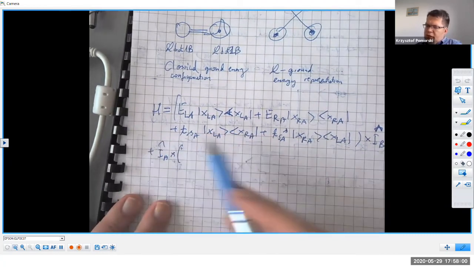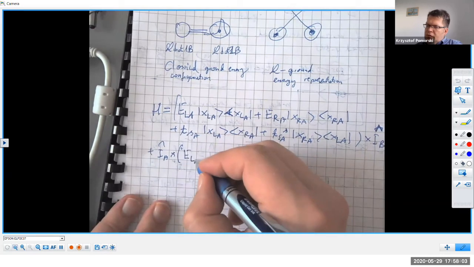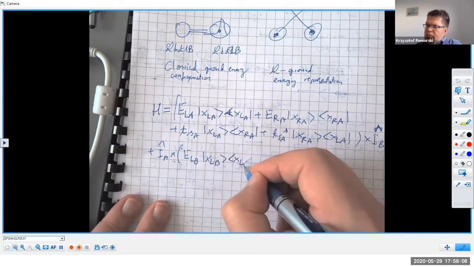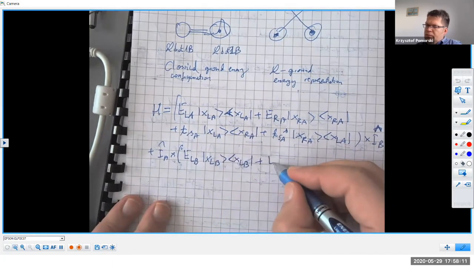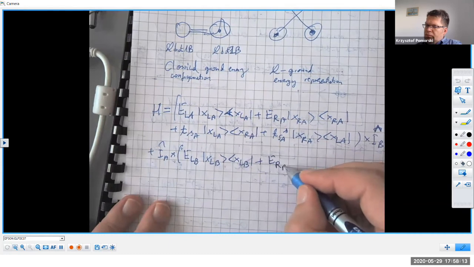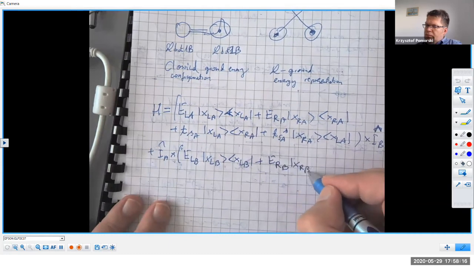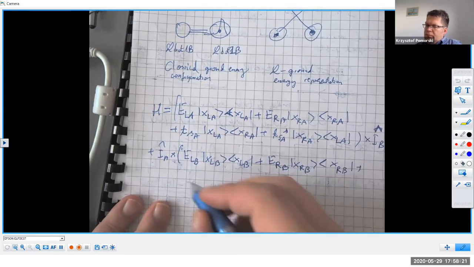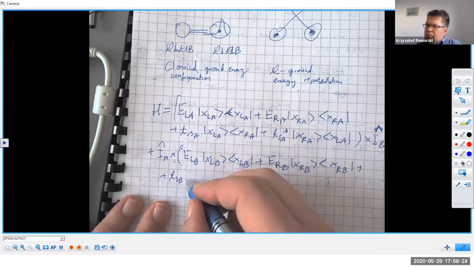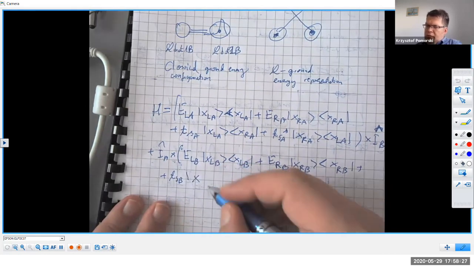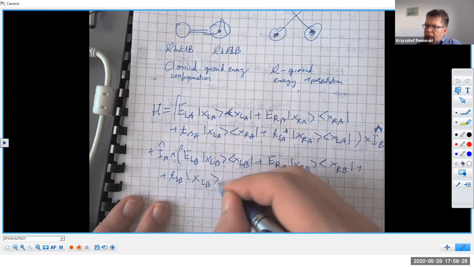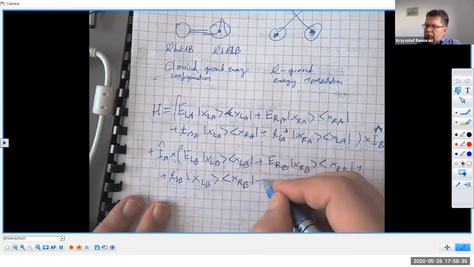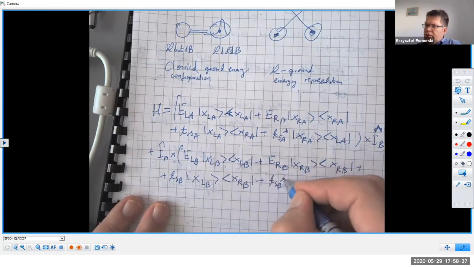Okay, again the same. So this is a little bit monotonous. And then I need to write down the Coulomb electrostatic interaction.